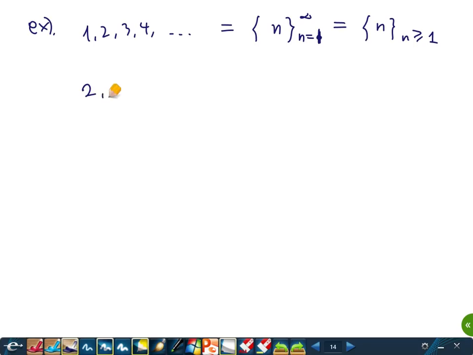Or if we have 2, 4, 6, 8, you can write a finite sequence. An infinite sequence is 2n, n from 1 to 4. This is a sequence with 4 integers, a finite sequence.